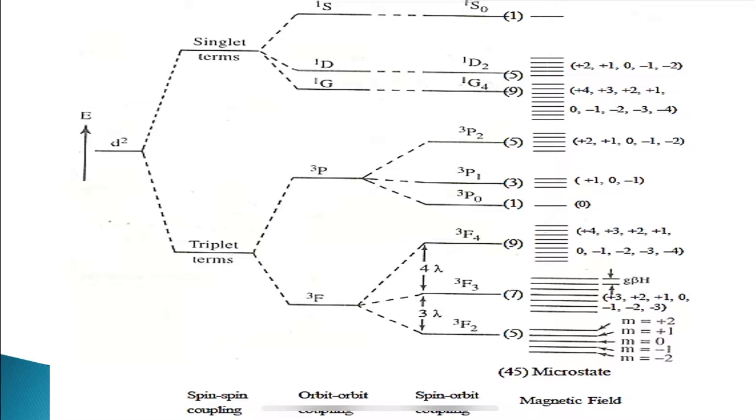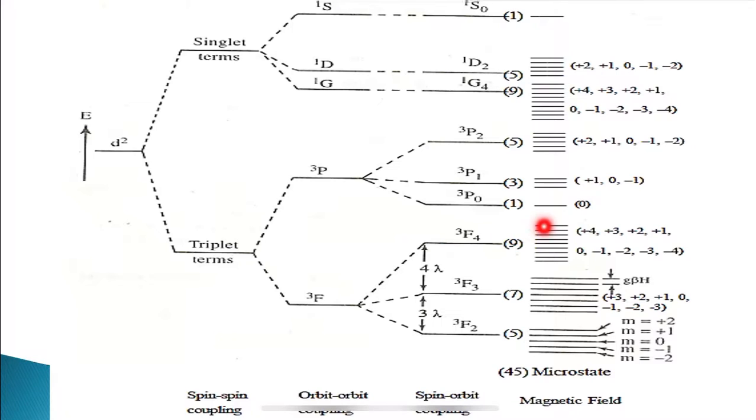On applying an external magnetic field to the electron system, that is the d2 metal ion which we have taken, a further splitting of energy levels occurs. Okay. So these are the further splittings of energy levels, and this effect is called the Zeeman effect.